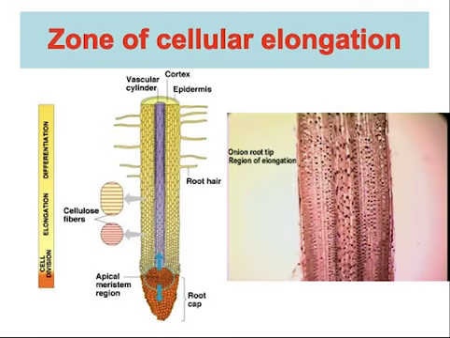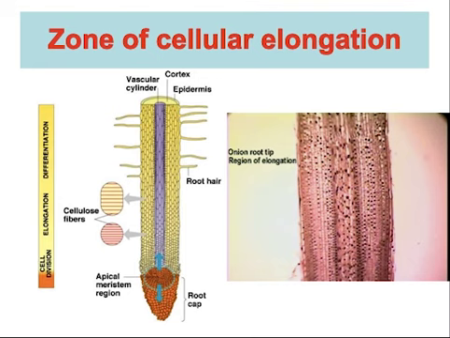Let's look at the elongation part. The elongation area occurs 4 to 15 millimeters behind the root tip. So it's here. Cells in this zone elongate by as much as 150-fold by filling the vacuole with water.